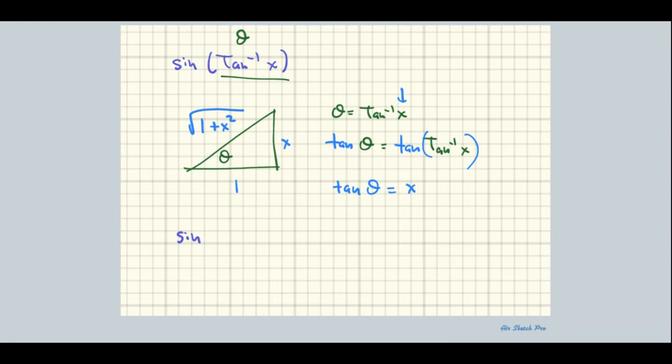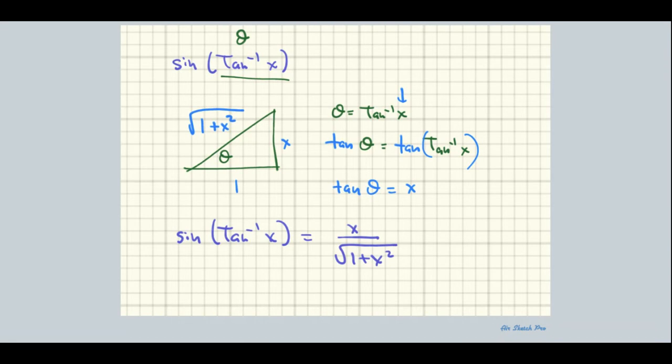The sine of the arctangent of x is obviously written as opposite over hypotenuse.